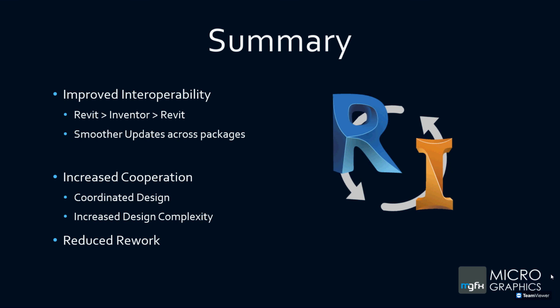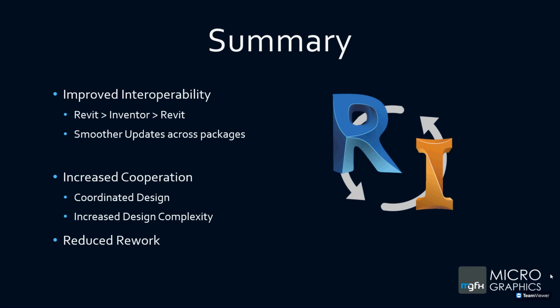In summary, the improved interoperability between Inventor and Revit allows for the smoother flow of information, as I said. That information flows between the building designers or architects and the engineers designing the equipment for that building. This improvement makes it easier for the designers to cooperate in a coordinated environment.